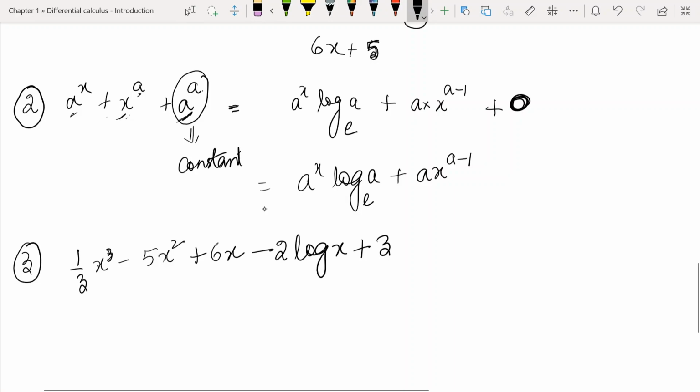So now let us solve the problem. Go term by term. 1, 2, 3, 4, 5 terms. So it's like 5 separate questions.